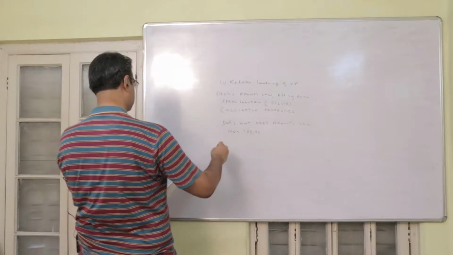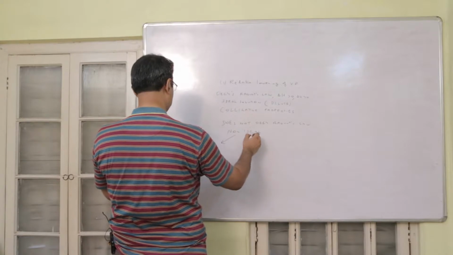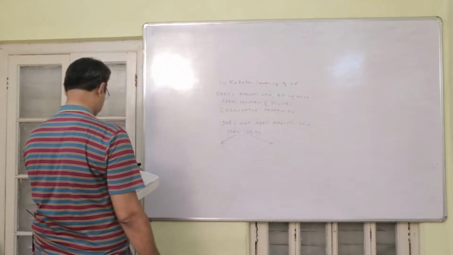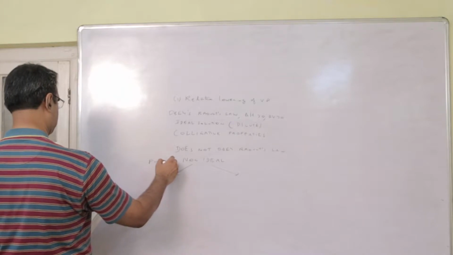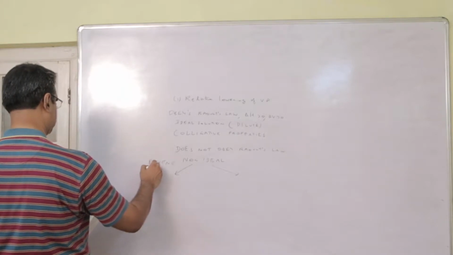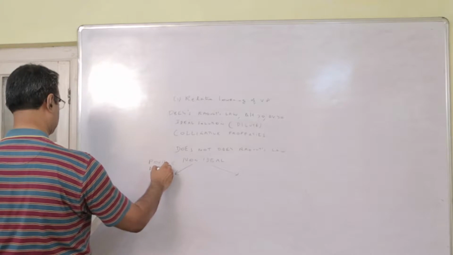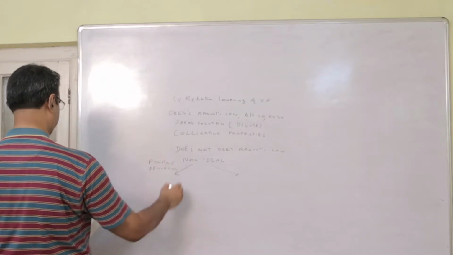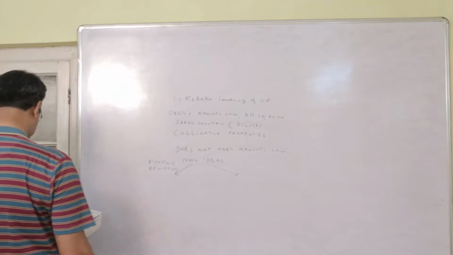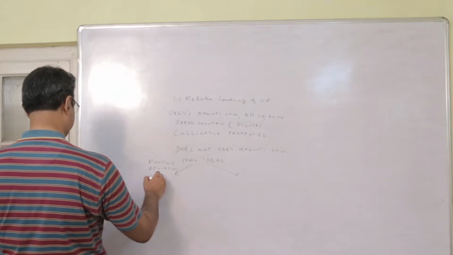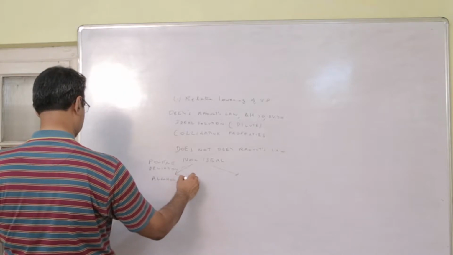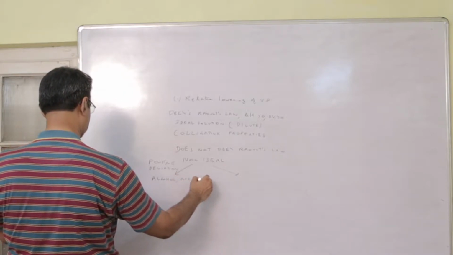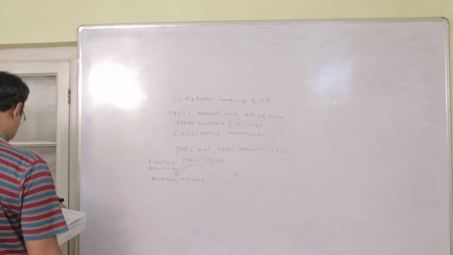Have a look at this. So non-ideal solutions are of two types. The first, they show positive deviation from Raoult's law. So have a look at a solution of alcohol and acetone.